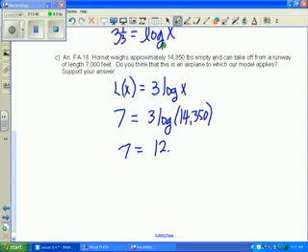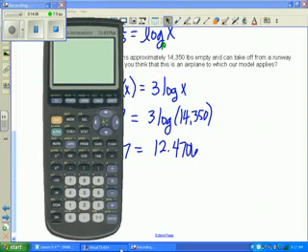So this ends up, if I did my calculations right, 3 times log 14,350.